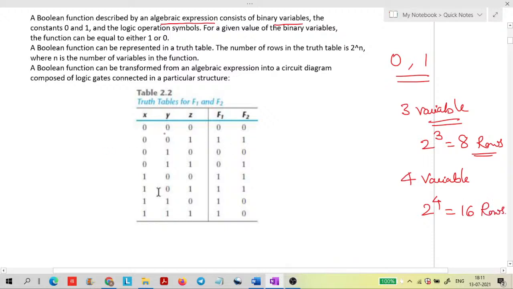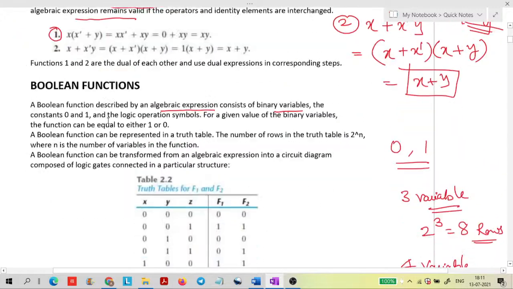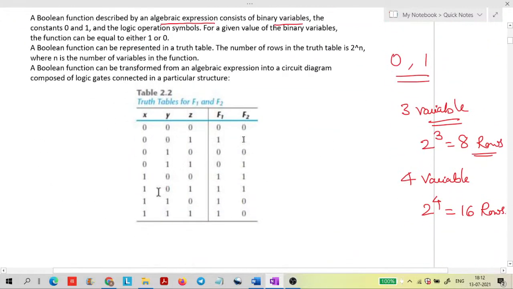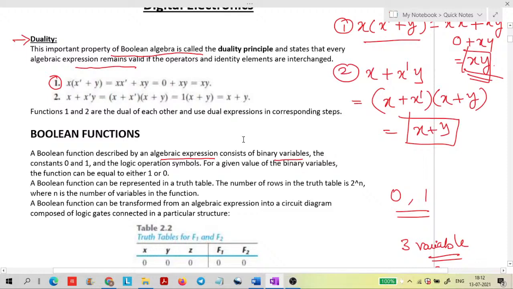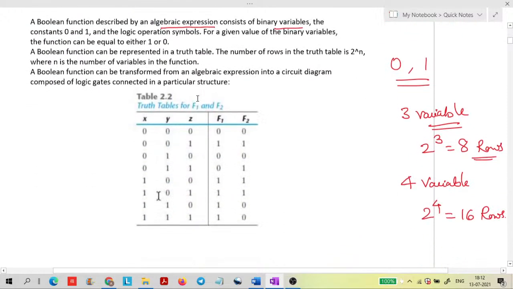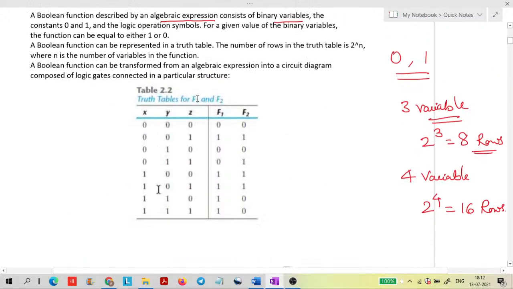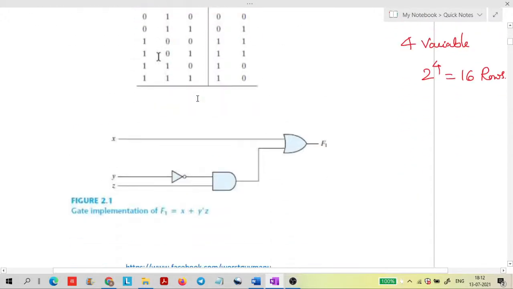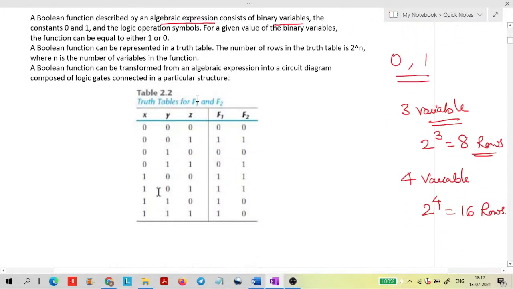So here is the truth table for the functions f1 and f2. Okay, what are the functions? The f1 is x into y. So here three variables are there, x, y and z.